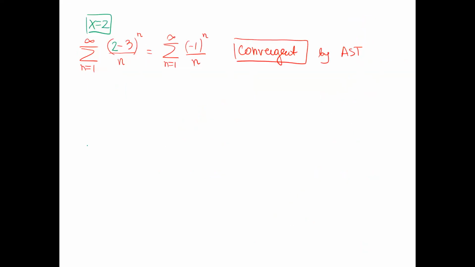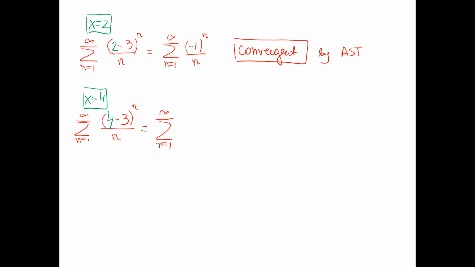I will do the same thing, but we will substitute the other endpoint. Please remember, the endpoints we simply test. 4 minus 3 to the power of n. Let me put the color for you and let's check what we're getting.